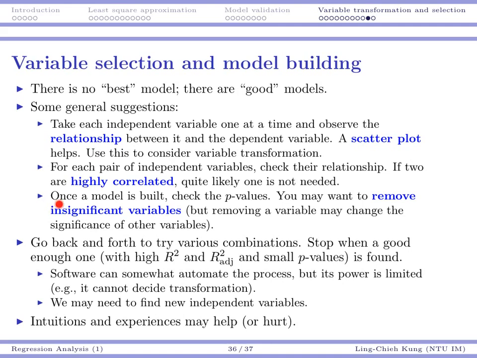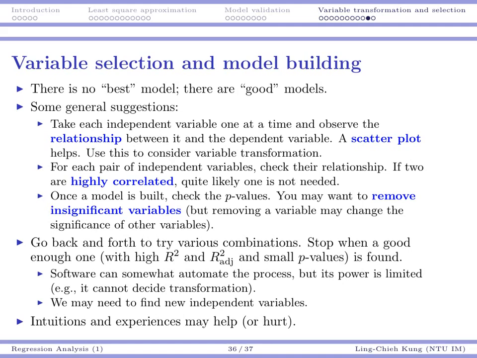Finally, once the model is built, check the p-values. What we will do is to first select a set of independent variables, build a model, and then check their p-values. Typically, we remove insignificant variables. Okay? Once we remove them, we probably use the remaining variables to do the regression fitting again, or we introduce some new variables.